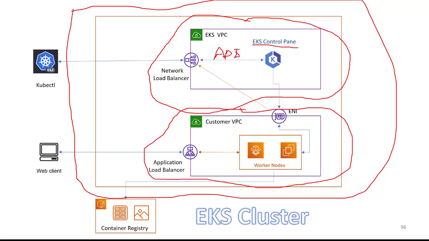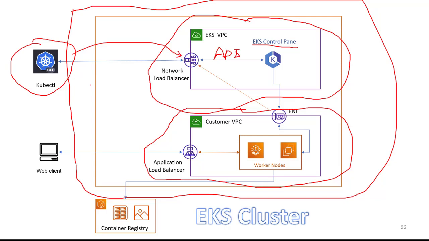We can say master node, and these are the worker nodes, which listen for the API and do all the operations defined through this API. You can manage this API. You can create a deployment. You can create a service. You can check using kubectl. You can use kubectl to connect to this API using this network load balancer.